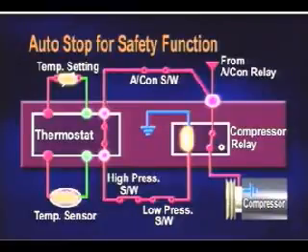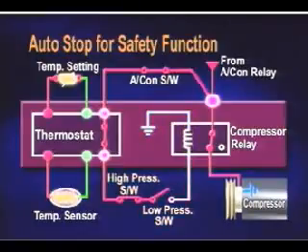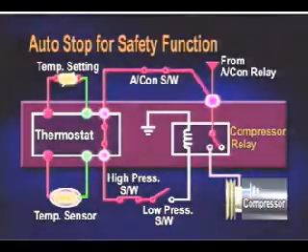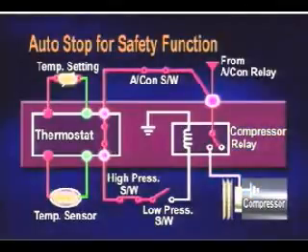When the high pressure line is too high or the low pressure line is too low, the high pressure switch or low pressure switch opens, and then power supply to the excitation coil of the compressor relay stops. The compressor relay turns off, and power supply to the compressor magnetic clutch stops, and accordingly, the compressor stops at last. However, the condenser fan operates normally.